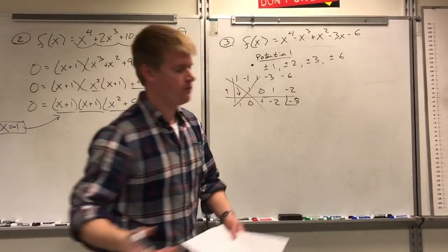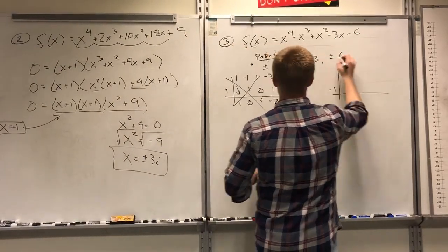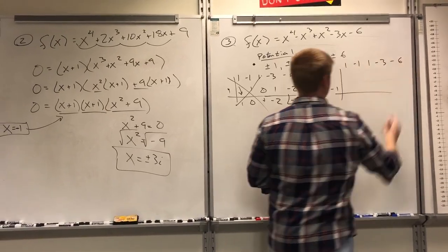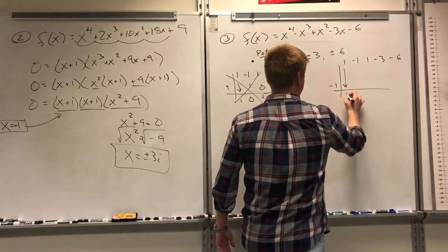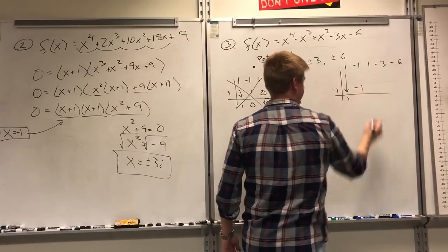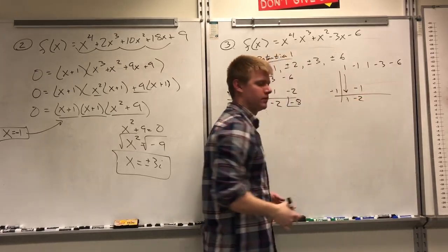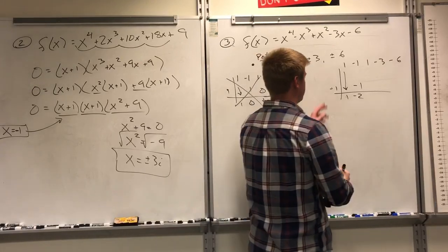Let's now try negative 1, and I do know that negative 1 works. So once again, put our coefficients up top. It's 5 of them, so I drop 1 down. I get negative 1 times 1 is negative 1. Negative 1 minus 1. Careful with the little arithmetic going through, that can of course throw your whole rest of the problem off.